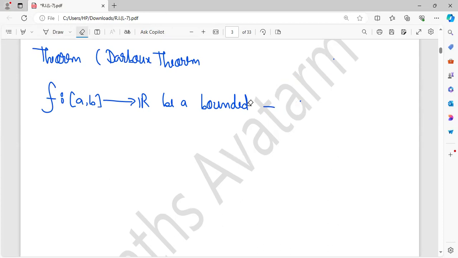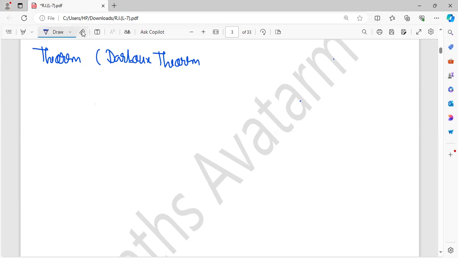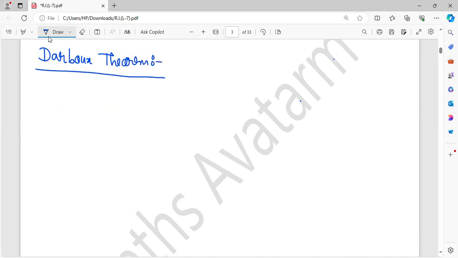Darboux theorem. Let f from the closed interval [a, b] to R be a bounded function.